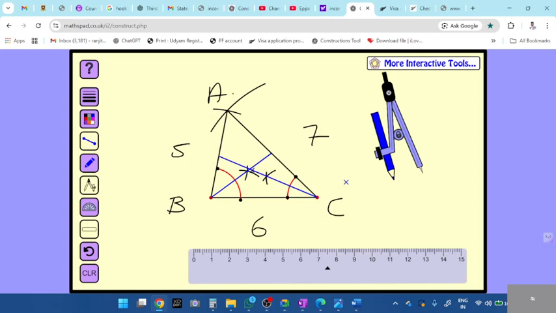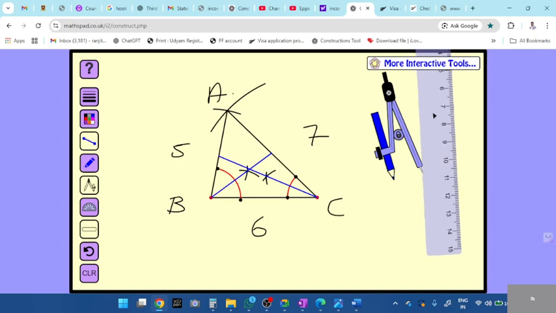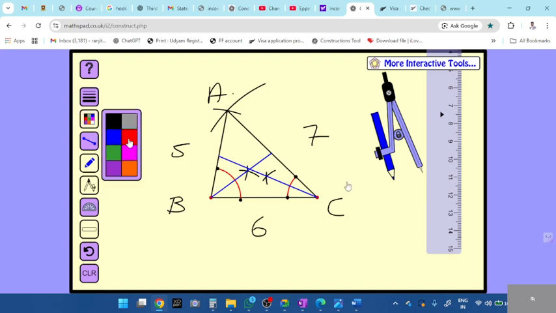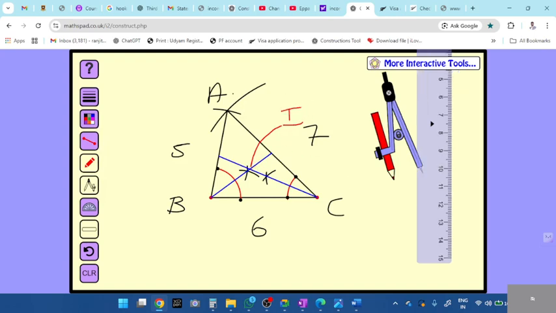This point. Completed. Can you see we got a point in center? In center student. This point is known as I. I stands for in center, where two blue lines meet.